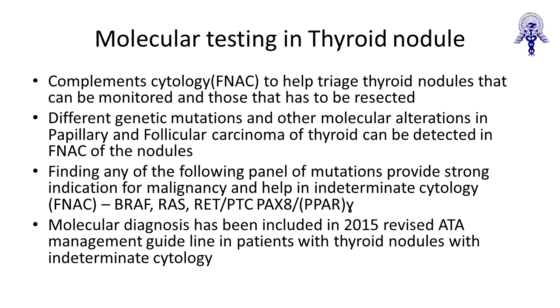These are the mutations that have been found in malignant nodules. I am not going into detail, some are for the papillary, some for the follicular, and this molecular diagnosis has been included in the 2015 revised ATA management guideline in patients with thyroid nodules with indeterminate cytology. So please keep in mind and remember molecular testing in thyroid nodules.